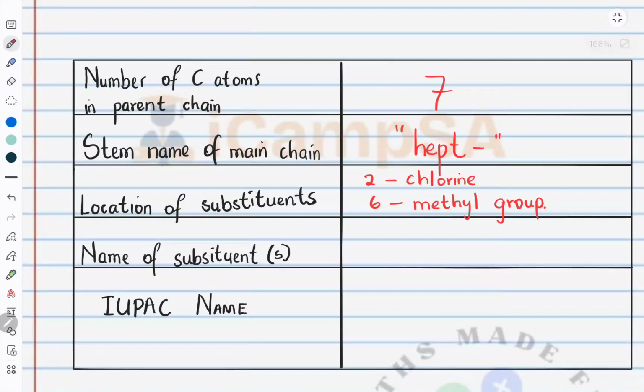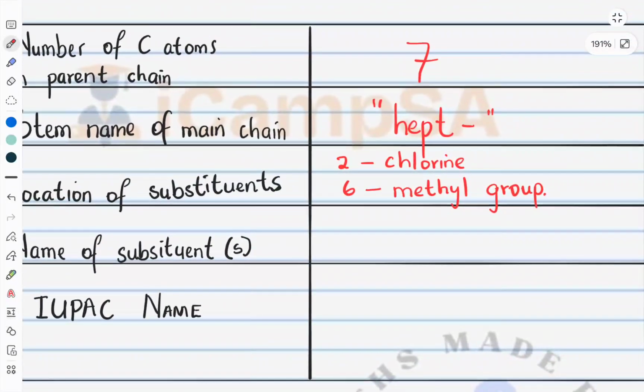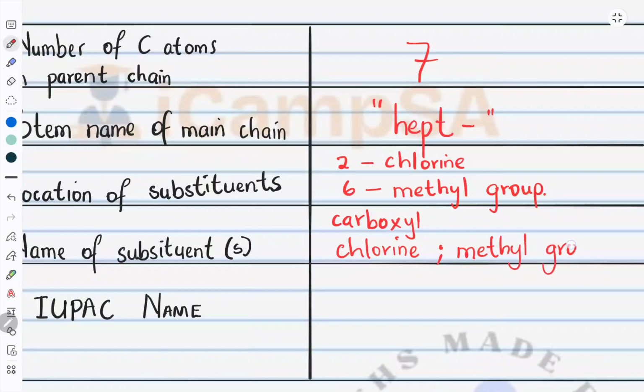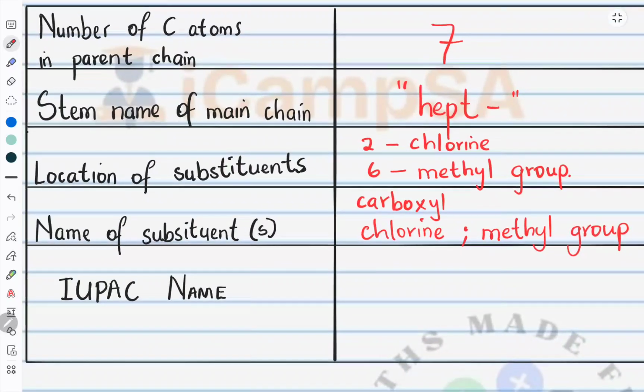And then the names of these substituents are carboxyl group, chlorine, and the methyl group. Right, those are all our substituents.